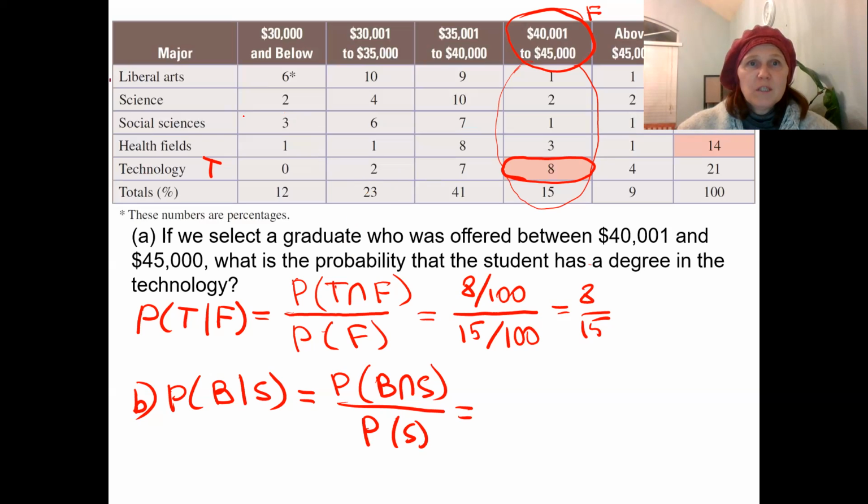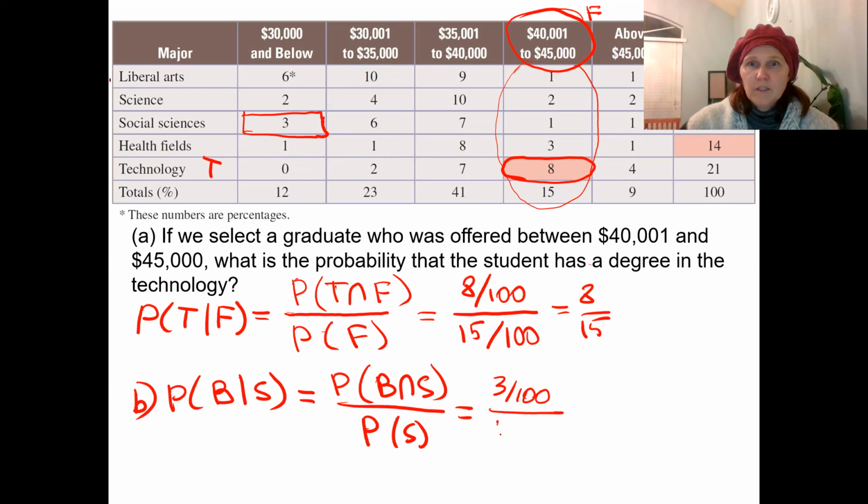Probability of the intersection, social sciences, is 3 over 100. Probability of getting a degree in social sciences is 18 over 100.